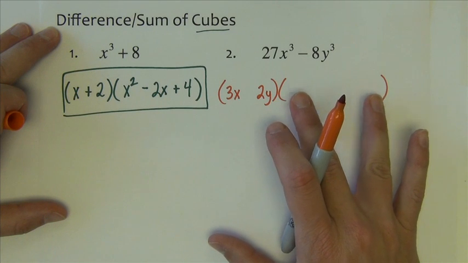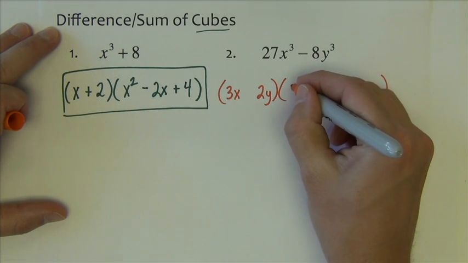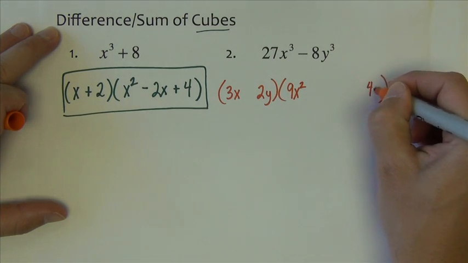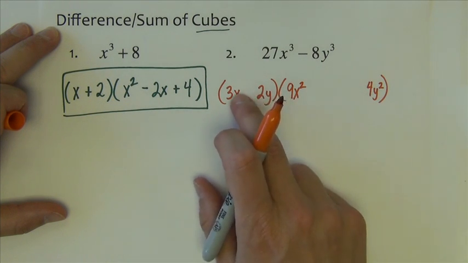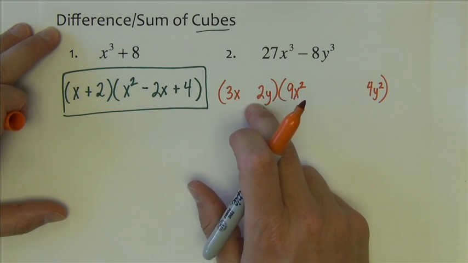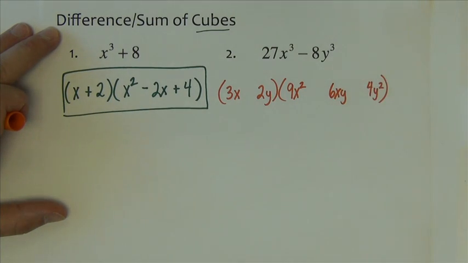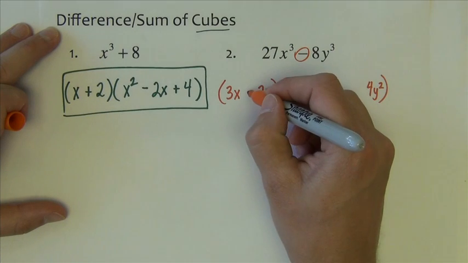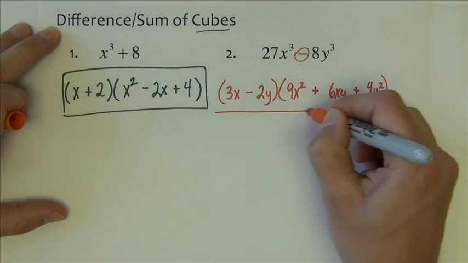The terms that go on the ends are the squares of these. So 3x squares to 9x squared, 2y squares to 4y squared. The term in the middle is the product of these two. If I multiply these together, we get 6xy. And then the signs, we could do it at the beginning or the end. It doesn't matter. It's a minus to start, so we go same, opposite, always plus.